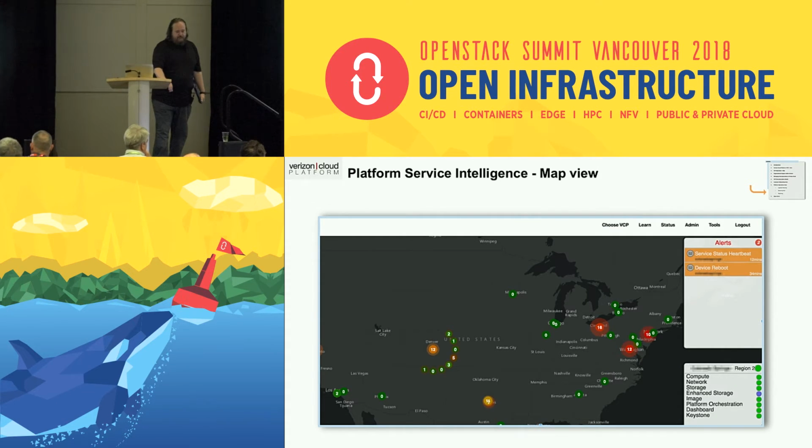Prior to building the centralized approach for doing the fault management, it was very difficult to figure out the status across all these different regions. We would have operators with multiple screens open, with multiple instances of either Horizon or just the CLI itself. This allows us to very quickly see there's an issue going on right now in the Northeast.